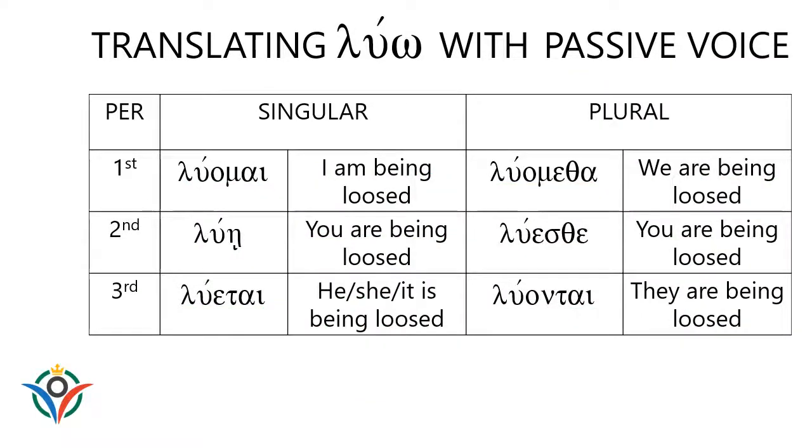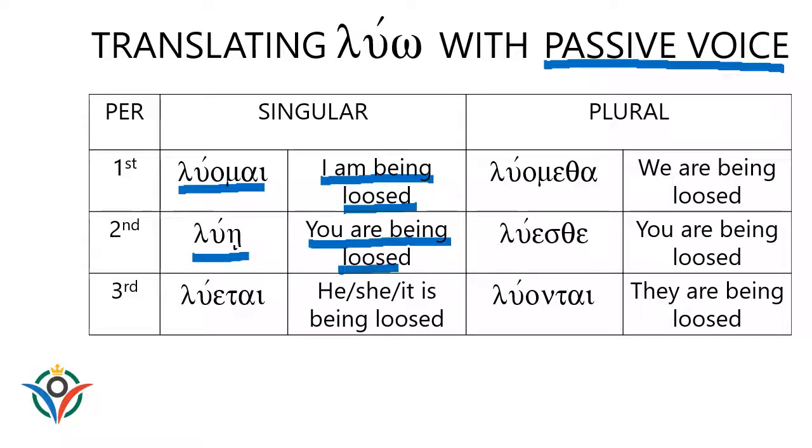And now, how would we translate luo with the passive voice? Take a look at this table with me. The first person singular, lu mai, we would translate as I am being loosed. The second person singular, lu a, we would translate that as you are being loosed.